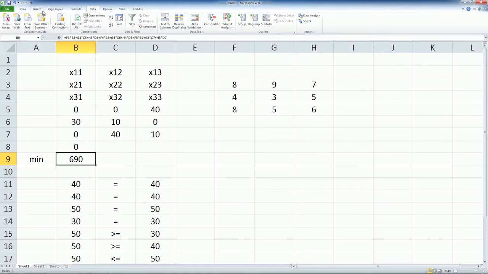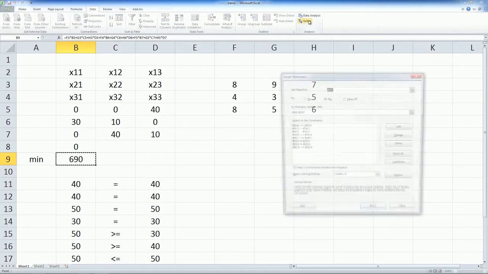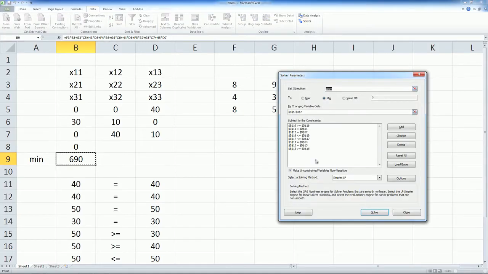So, let us check what is the solution. So, we go to the solver and I have already defined all of them here. The objective function is given as B9, the decision variables go from B5, C5, D5 to B7, C7, D7 which is shown here. Constraints have to be there, so let me just check that.